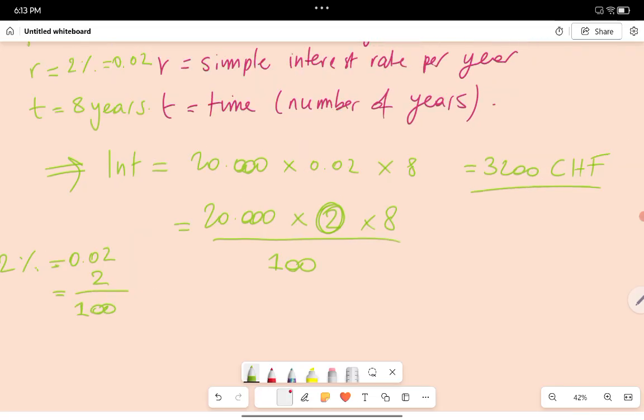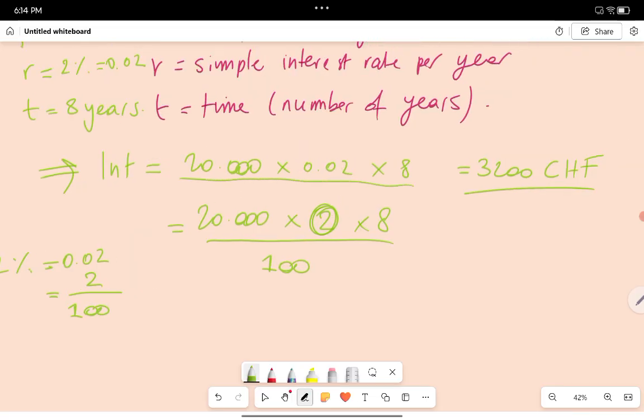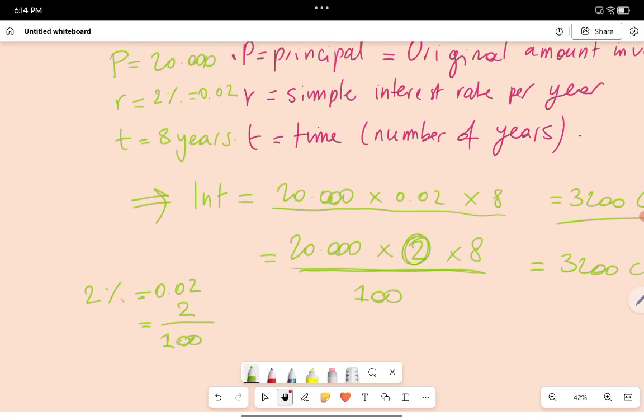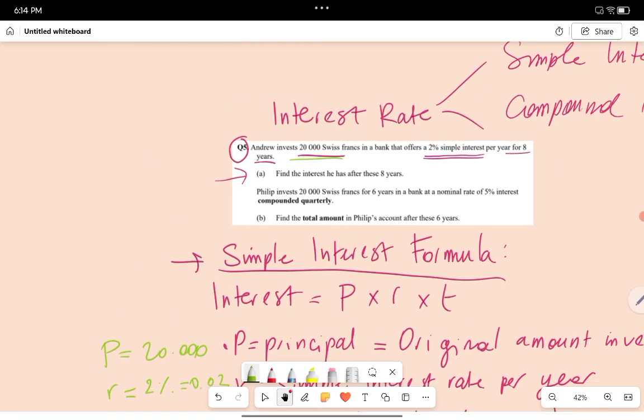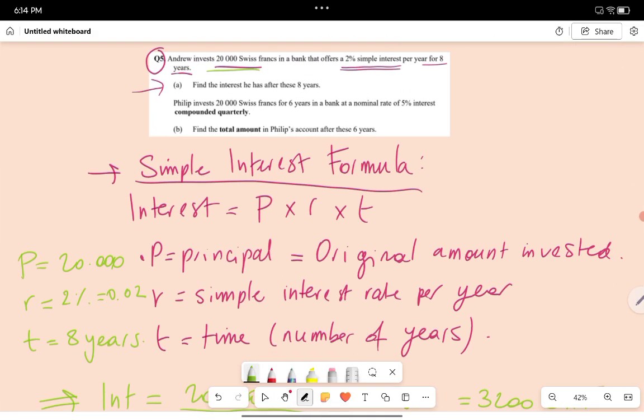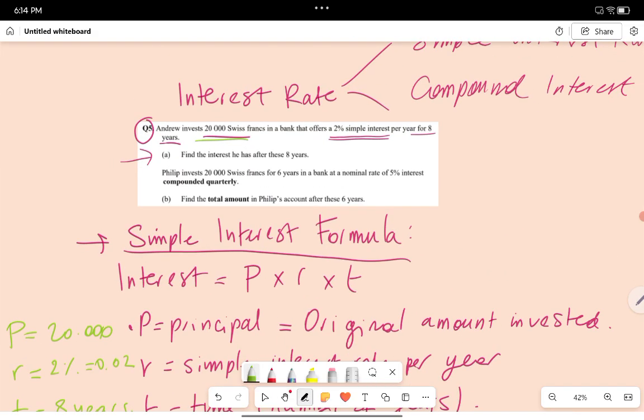So you can use either formula, and in this case you will also have 3,200 Swiss francs. That is the answer to question 1A, find the interest he has after these 8 years. Great, so this is the simple interest question.